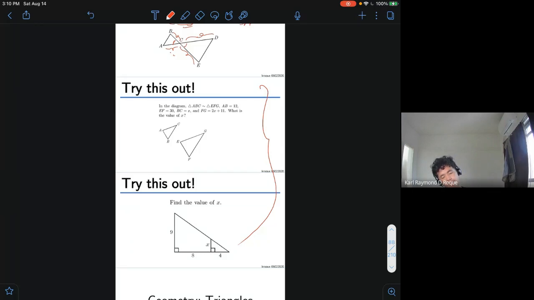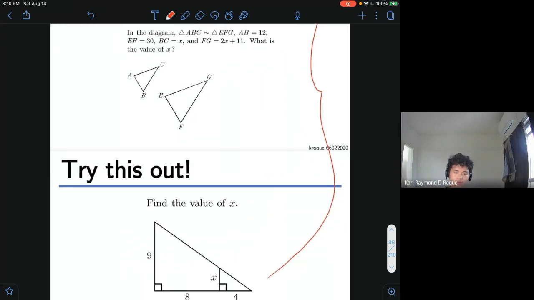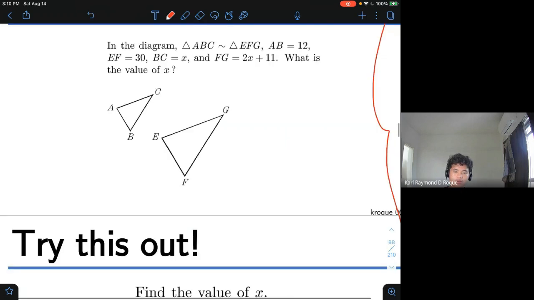Okay, let's start. Triangle ABC is similar to triangle EFG. We can use the side proportionality theorem. So EF is 30.